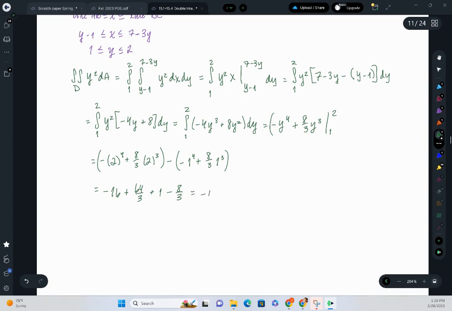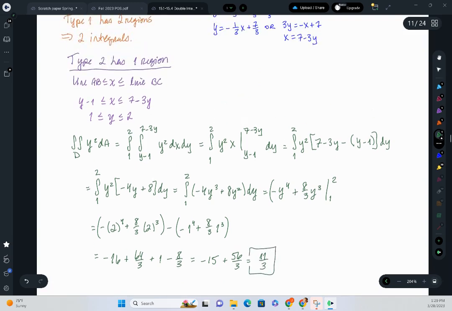So this is going to give me negative 15, and then plus 56 over 3, and I can pop that into my calculator. So I have 56 divided by 3 minus 15, and that gives me 11 thirds. And that's my final answer.